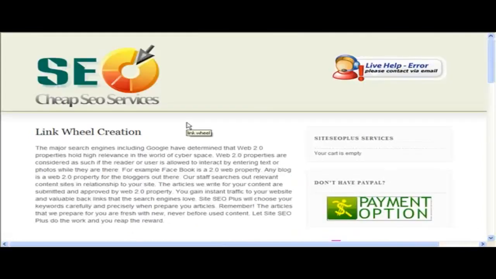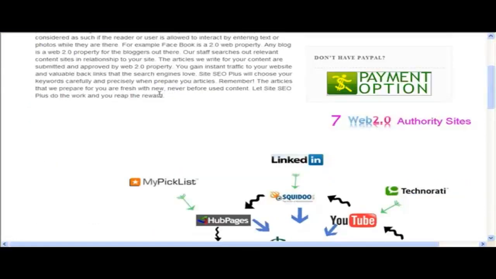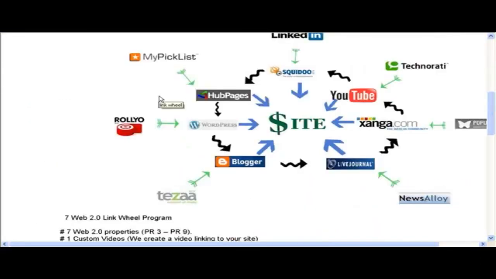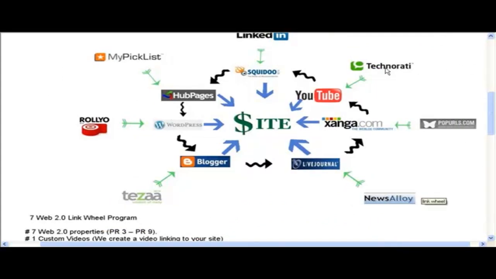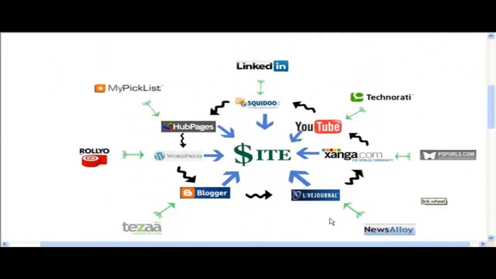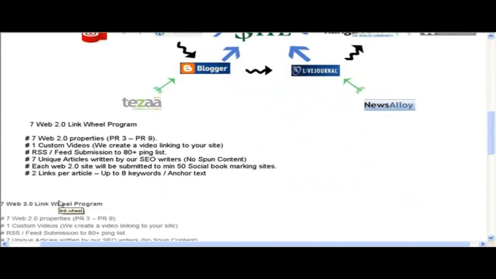I don't know how much I trust them, because let's face it, they've got an error up here. They don't have any pricing on it either, which instantly puts me off. However, one thing they do, which is rather nice of them, is give some very nice ideas for sites that you can use: Xanga, LiveJournal, NewsAlloy, and so on. So some good ideas here.